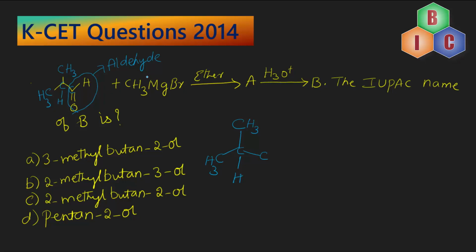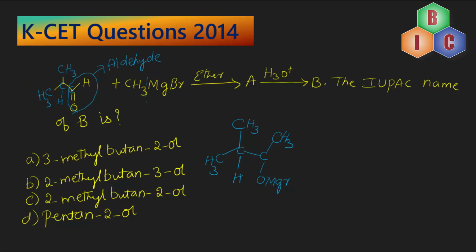There is a splitting happening between the methyl group and MgBr. Now MgBr takes an attachment with O, so it becomes OMgBr, and this methyl group takes a linkage with this carbon.